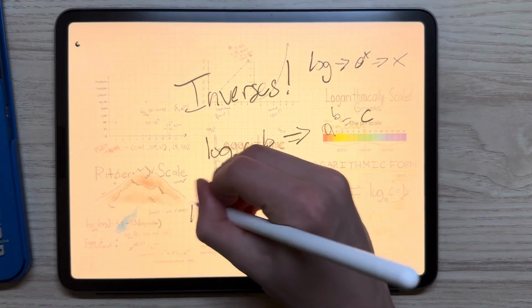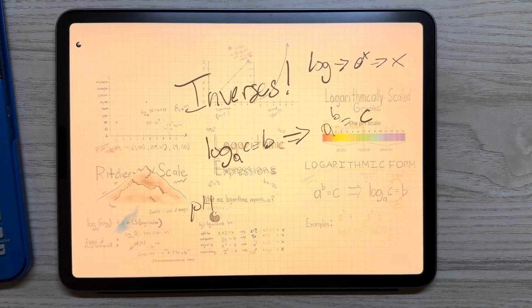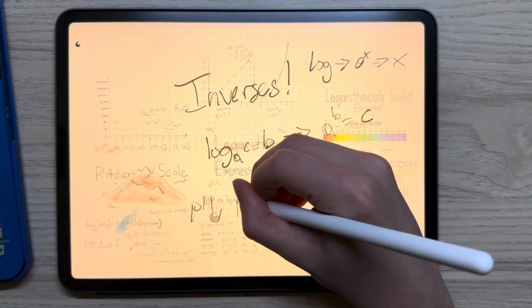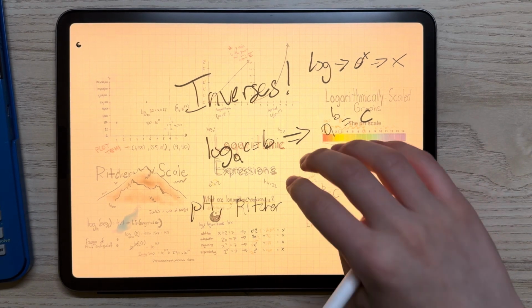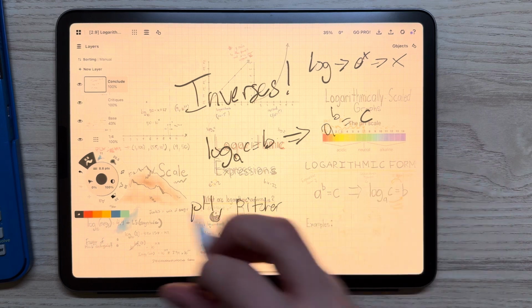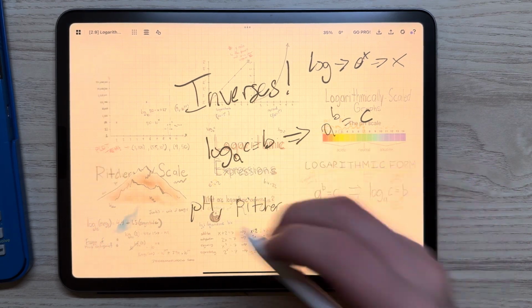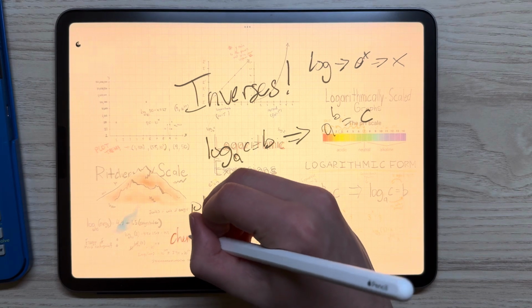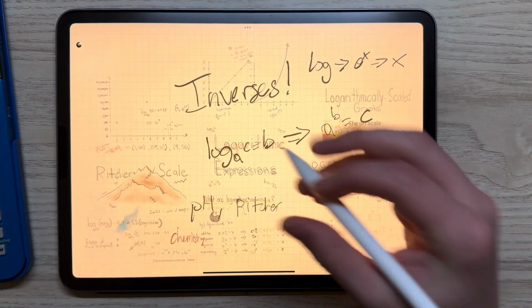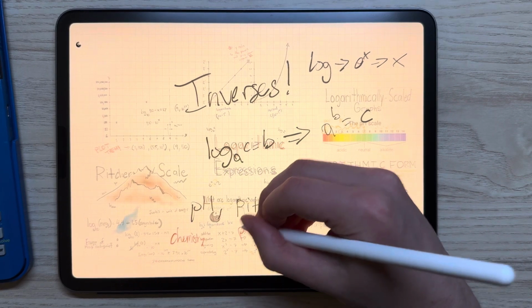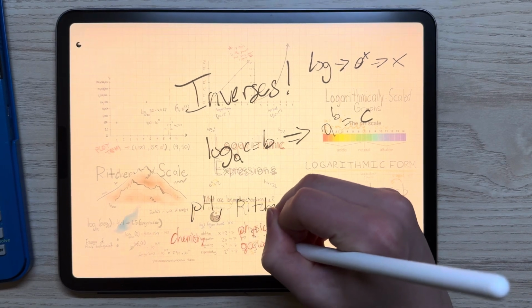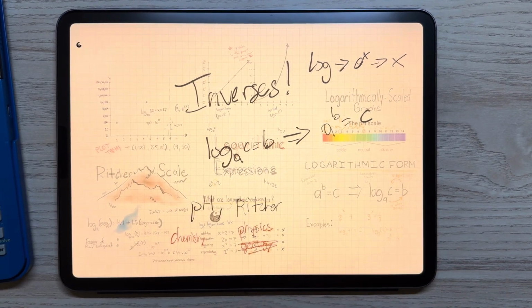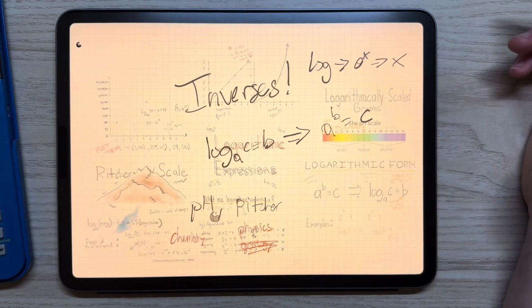We also looked at the pH scale, an example of how logarithms are used to measure the acidity of water. And we also looked at the Richter scale to measure the magnitude of earthquakes. Both of these are science applications. The pH is an example of chemistry, also used in biology, and the Richter scale is an example of physics and probably geology and other earth sciences.